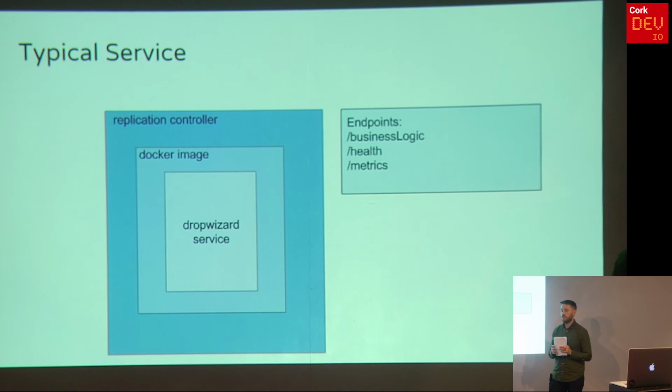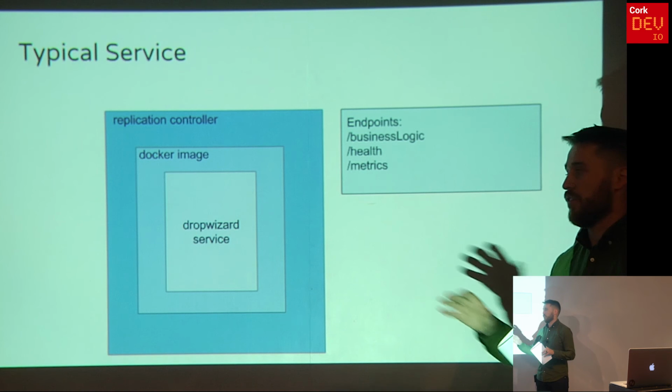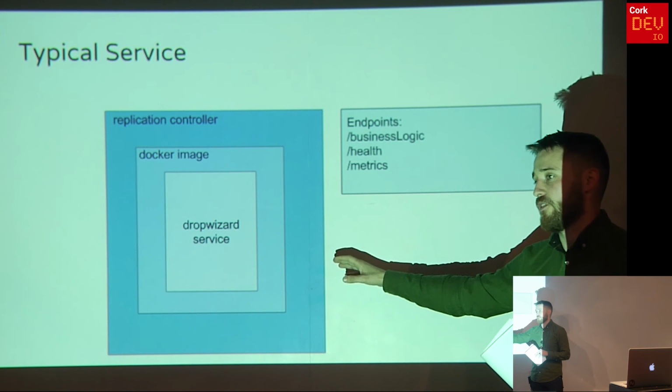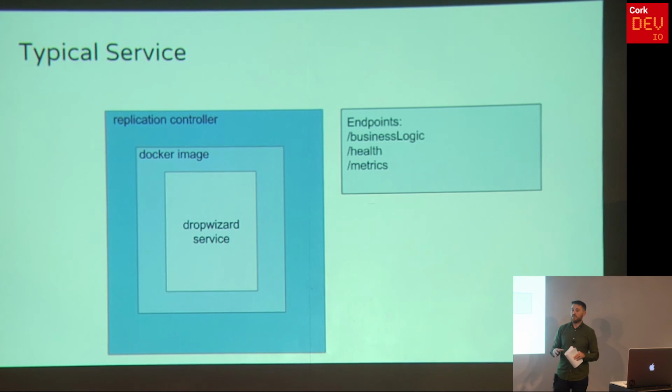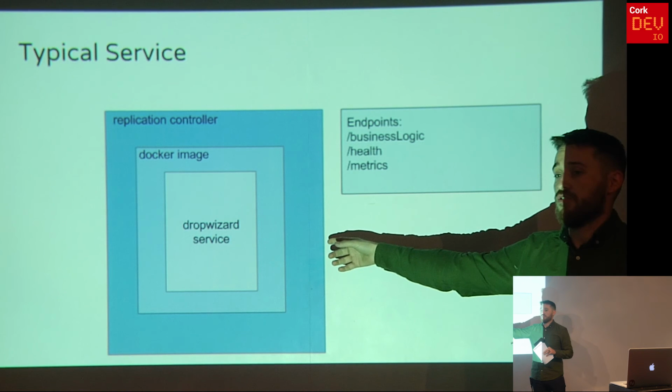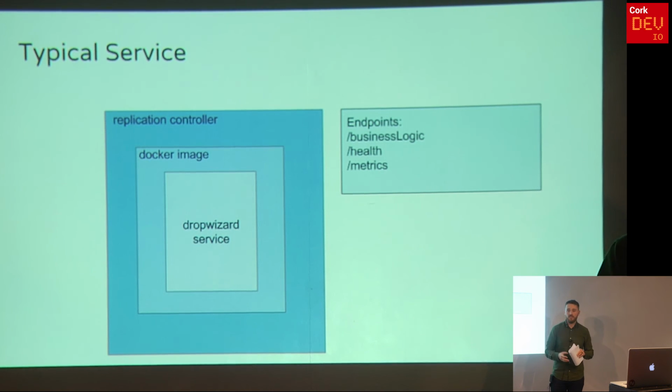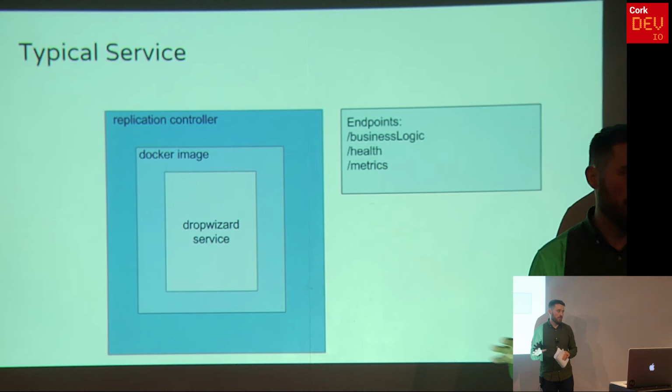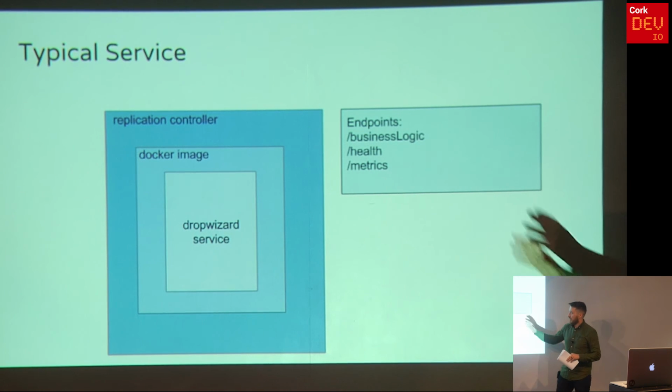Replication controller is a Kubernetes concept, and it's metadata about the services that you're deploying. When I was saying earlier that Kubernetes makes sure that two instances are running across your cluster, this replication controller descriptor tells Kubernetes there should be two of these running. There's other stuff around there as well, but that's the main part of it.